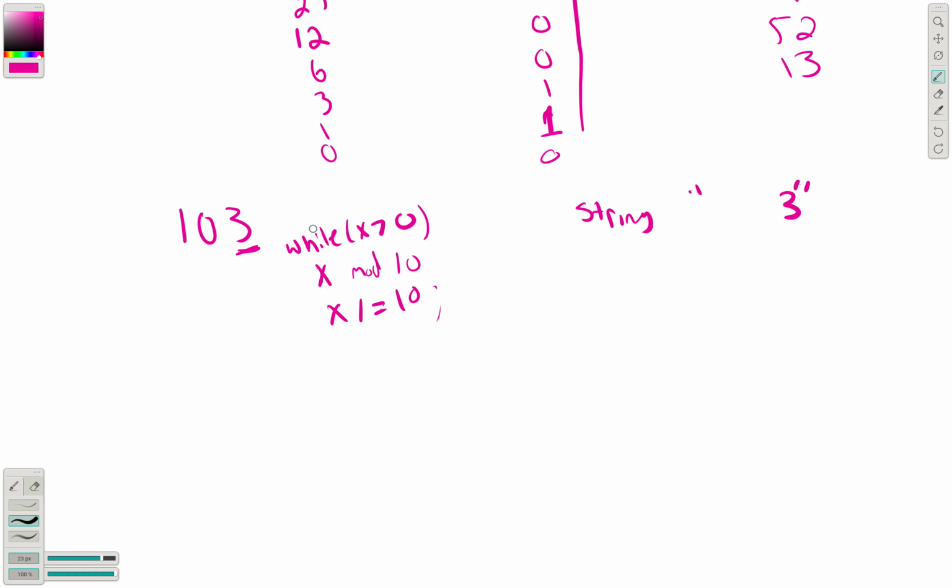Now we divide it by 10, and that is essentially cutting off this 3. Am I right? Okay. So now we do the same process again. We do mod 10 to this, and it's again gonna find us that digit, and that's a 0, so we put it in there. Then we divide equal 10, that crosses that out, and we get the 1 here.